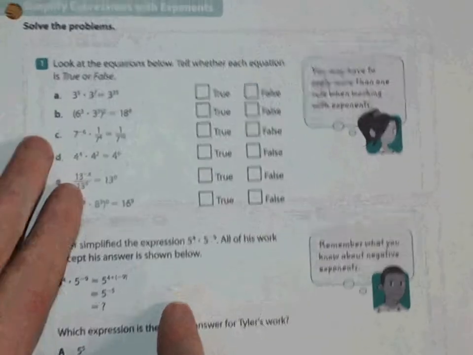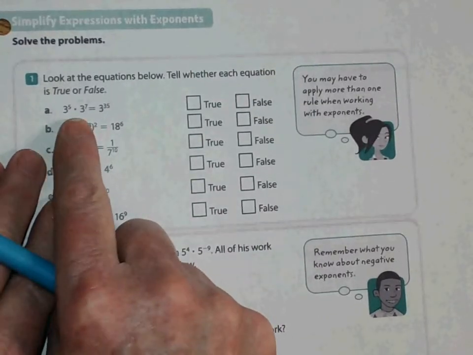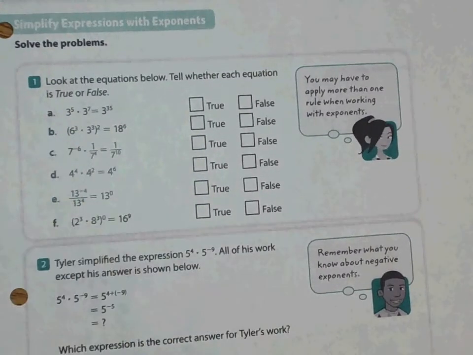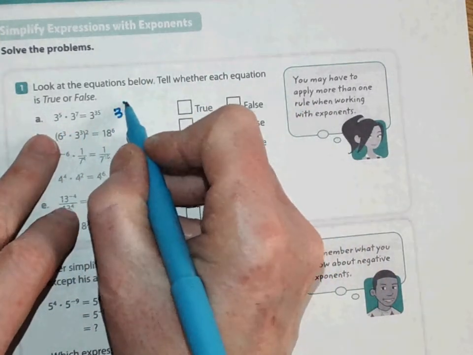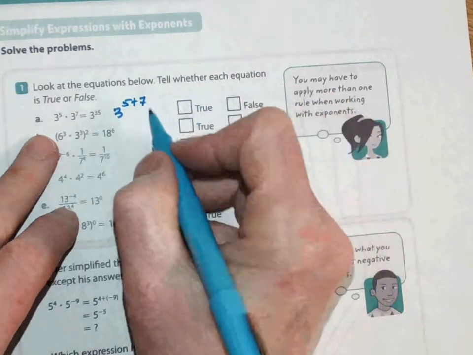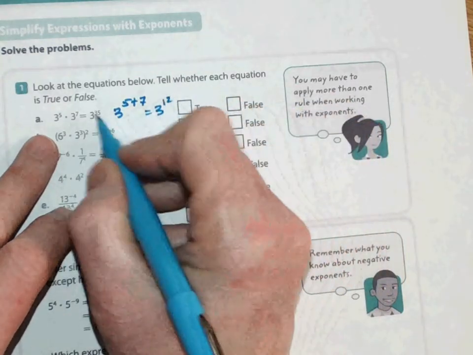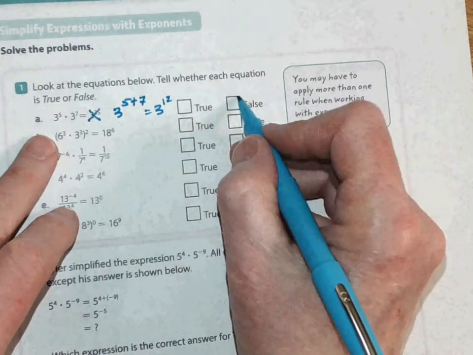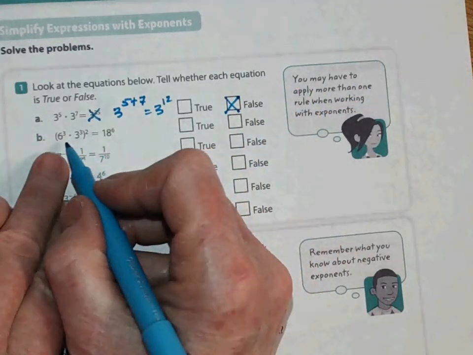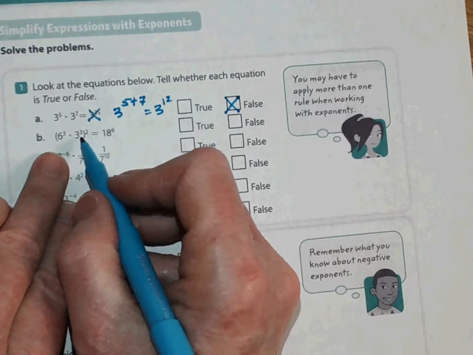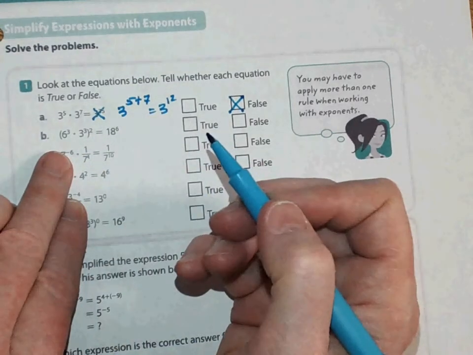So the first one, we have 3 to the 5th times 3 to the 7th. If I use my rule, I know that this would be the same as 5 plus 7, which is 12, so that is false. Here we have 6 to the third times 3 to the third, raised to the second power.